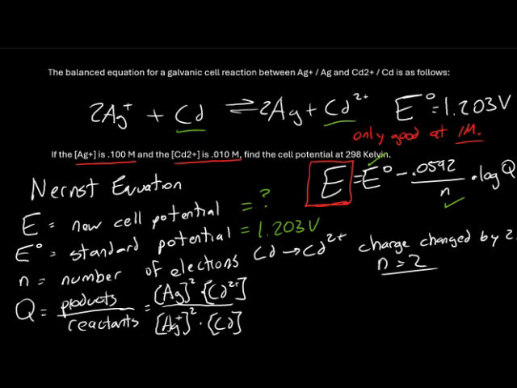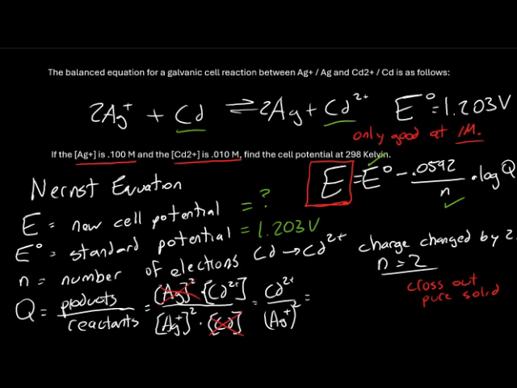But remember that pure solids, that is, things that don't have a charge, are not going to contribute to Q. We must remember to cross out the pure solids, which means our silver that has no charge is canceled. The cadmium that has no charge is also canceled. And we're going to write that we'll have cadmium 2+ on top, silver+ squared on the bottom.